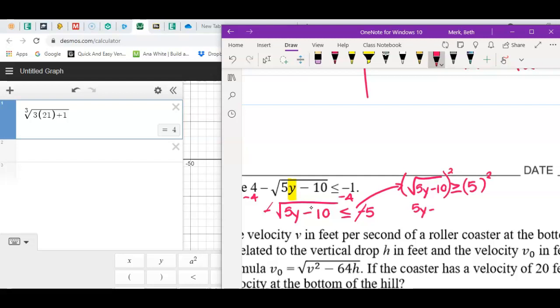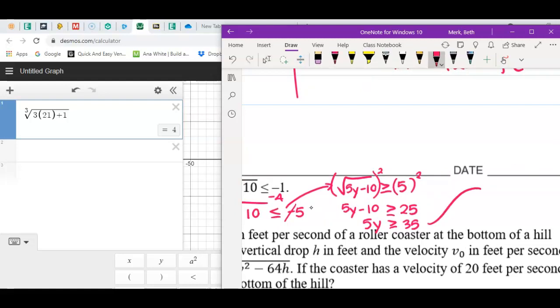So 5y minus 10 is greater than or equal to 25. Next, I would add 10 to both sides. 5y is greater than or equal to 35, and dividing by 5, y is greater than or equal to 7.